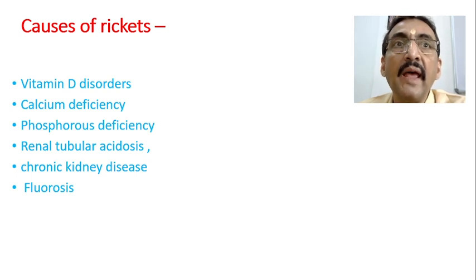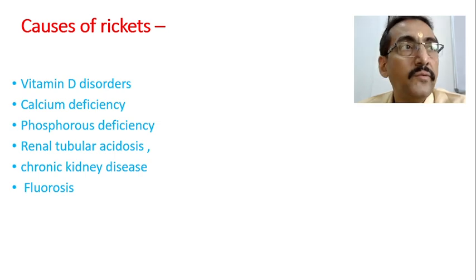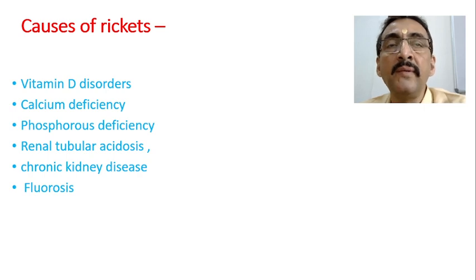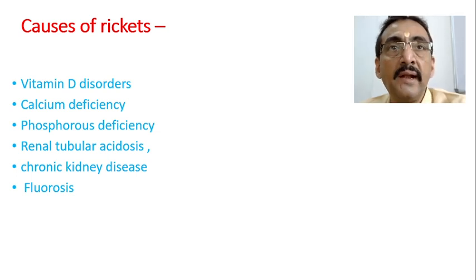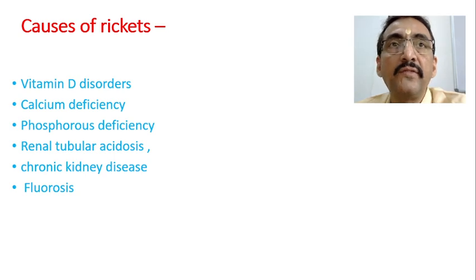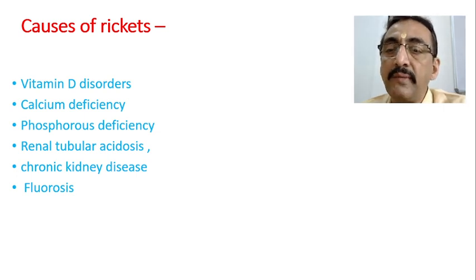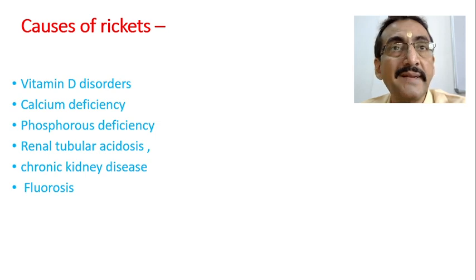If that is not happening, then it may lead to the problem. So this is also one of the basic causes. Third one is chronic kidney disease, almost the same. In chronic kidney disease, renal function shuts down gradually, and the function of vitamin D production as well as absorption of calcium and phosphorus also shuts down, and that will be one of the major causes. Fluorosis is also one of the major causes of rickets, which we will see.